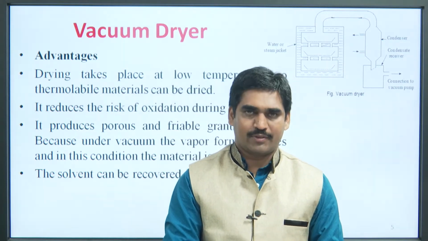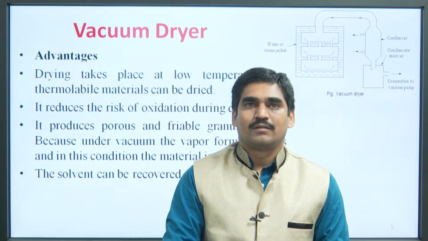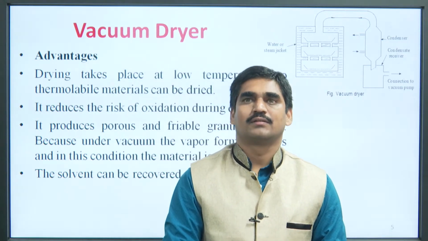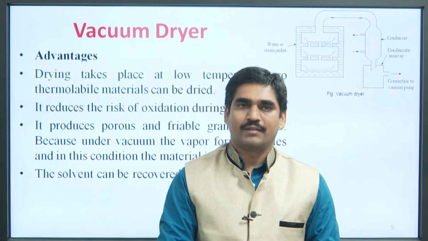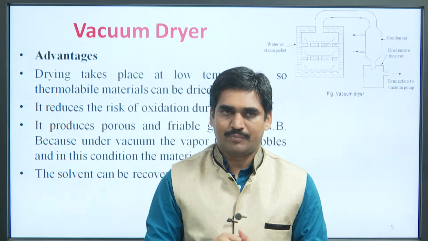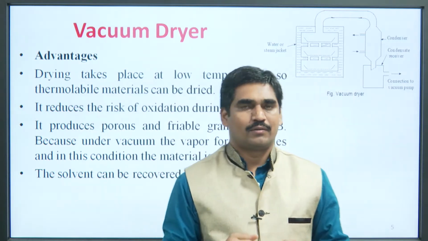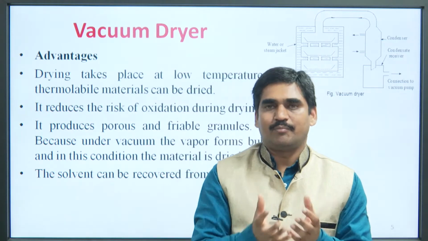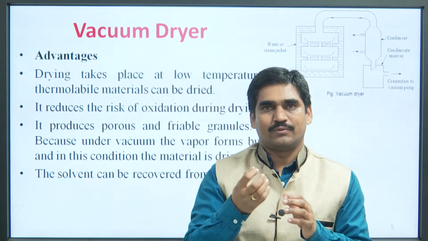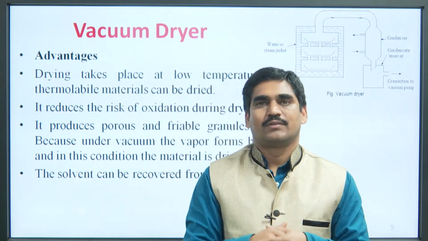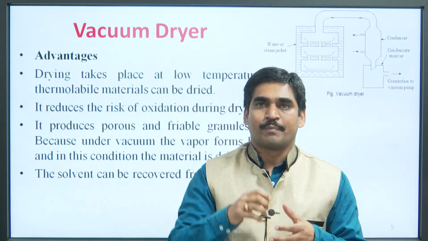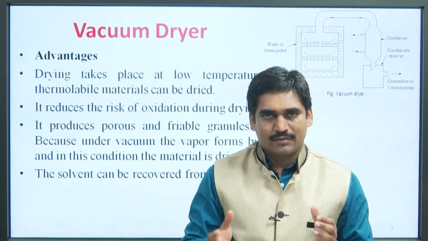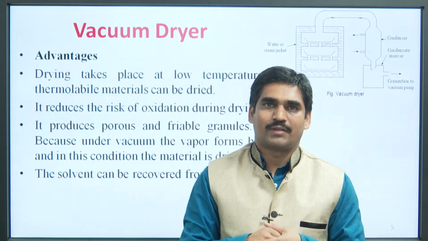Advantages of the vacuum dryer. What are the different advantages? The first advantage is that drying takes place at lower temperature. Since we are creating vacuum with the help of a vacuum pump, the boiling point of the liquid to be dried decreases very efficiently, and evaporation takes place at lower temperature.